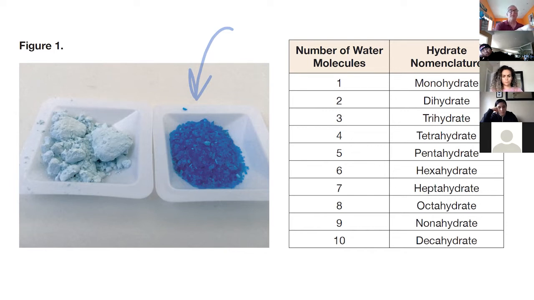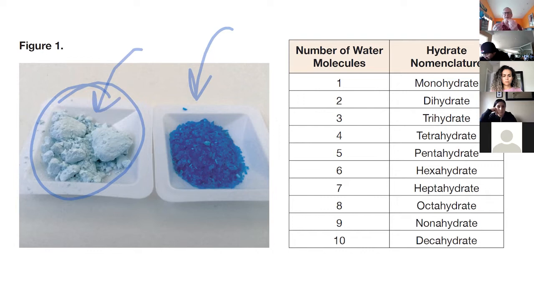But then on the left, when you drive off the water, you can see you drive off a lot of the color too. And so not only is the color a lot less, but you can see a big difference in the crystal formation. So you get these really beautiful crystals on the right side, and then on the left side, it's more granular looking.